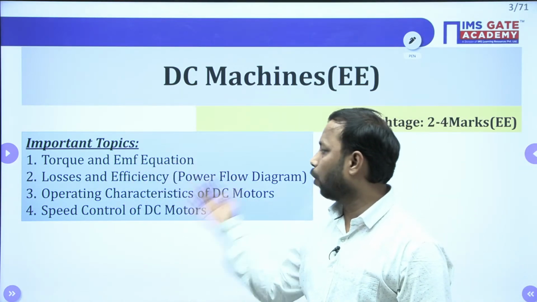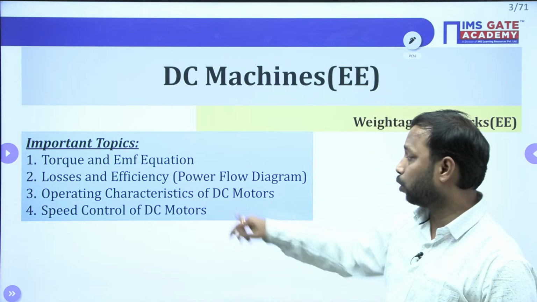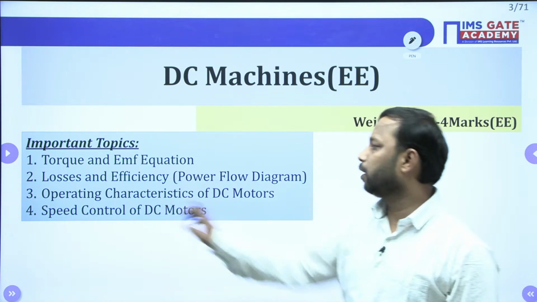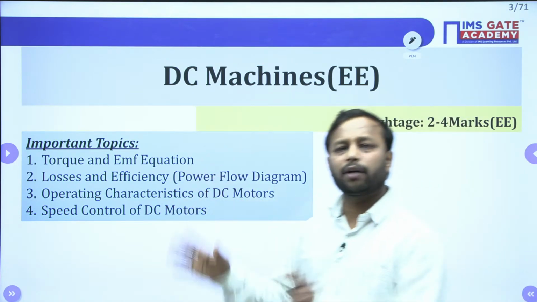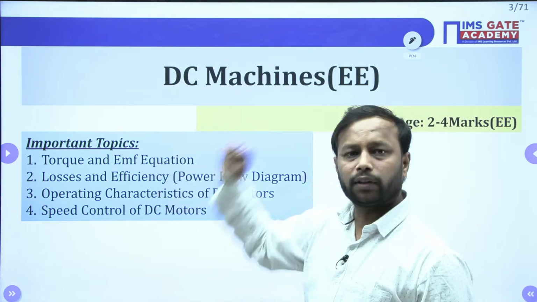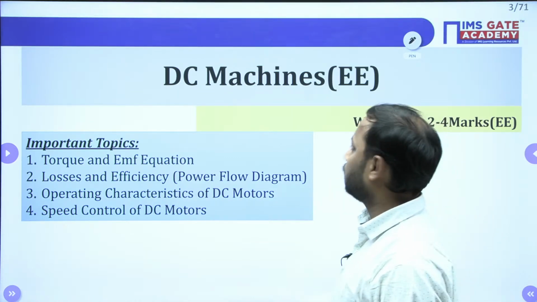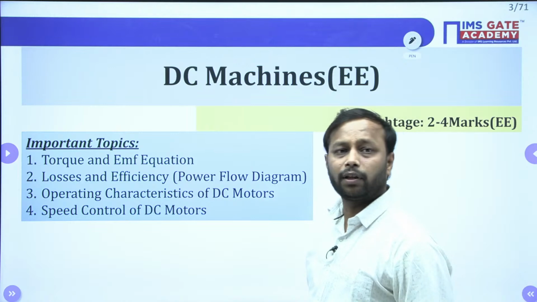Torque, EMF, losses, efficiency and operating characteristics of DC motor are very important. One more important topic is speed control. Whatever questions we have till date are framed from this topic itself. Let us move ahead with the very first question.